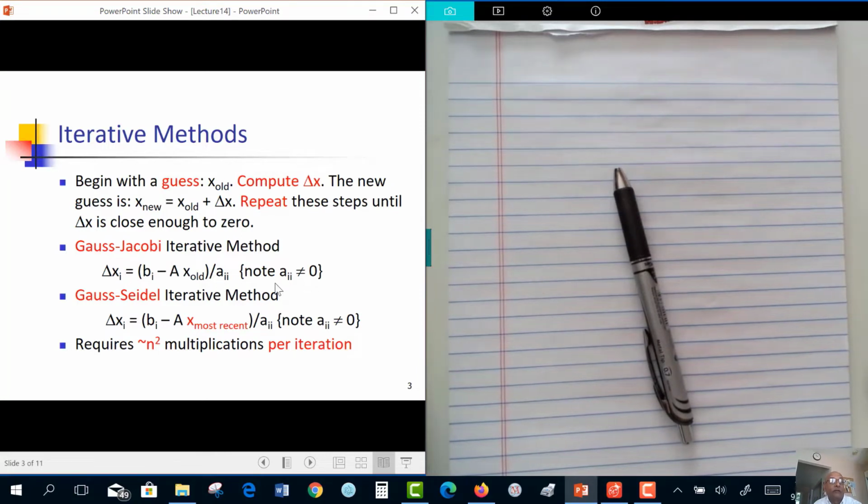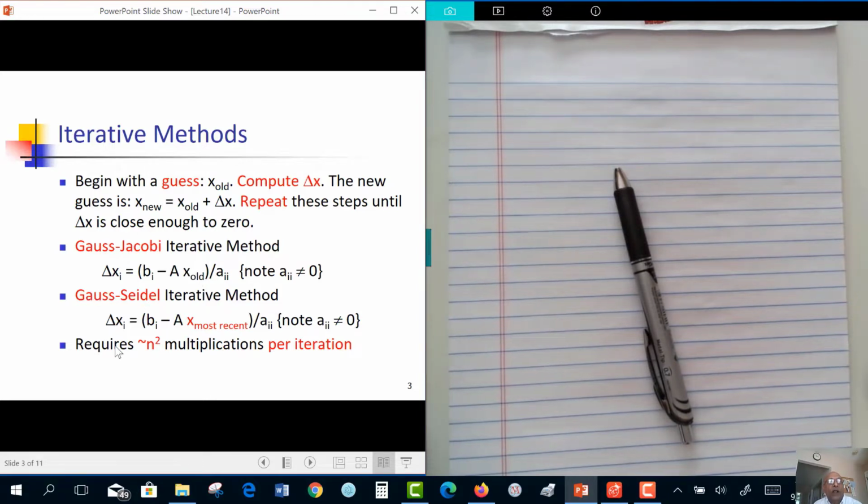Notice the diagonal element therefore must not be 0. Ideally, we would like this diagonal element to be as large in magnitude as possible. So we will get delta x. The key idea here is that Gauss-Jacobi always uses old x values on the right hand side.